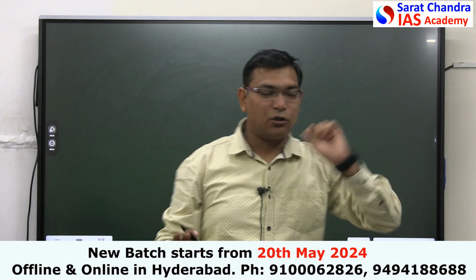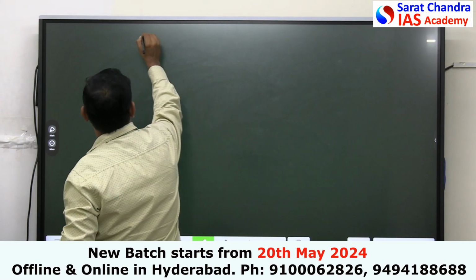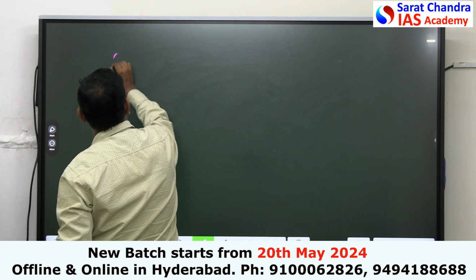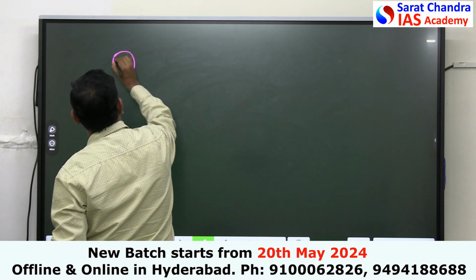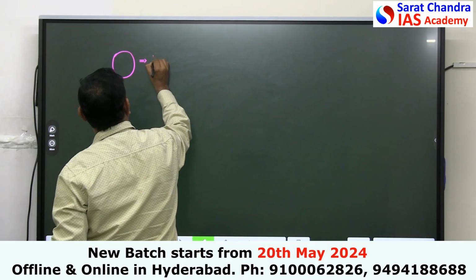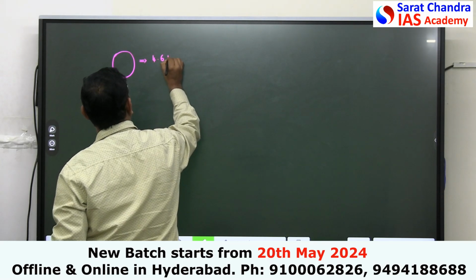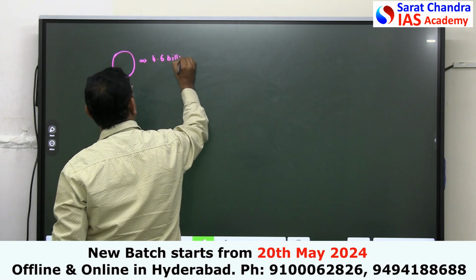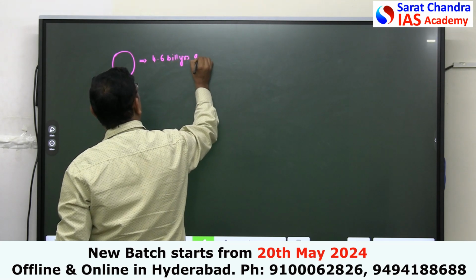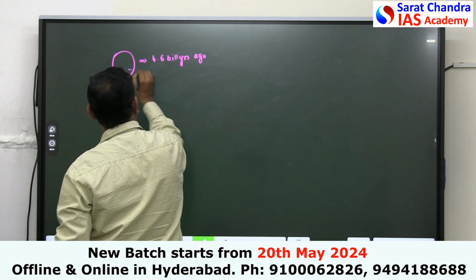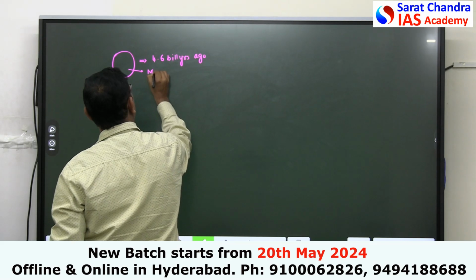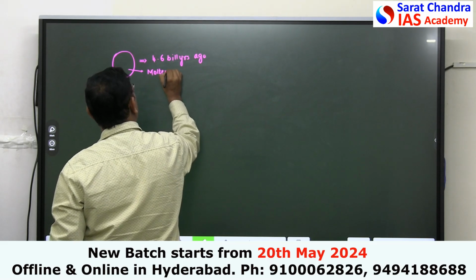Yes or no? So in the origin of the atmosphere, the earth was initially a molten magma, 4.6 billion years ago.